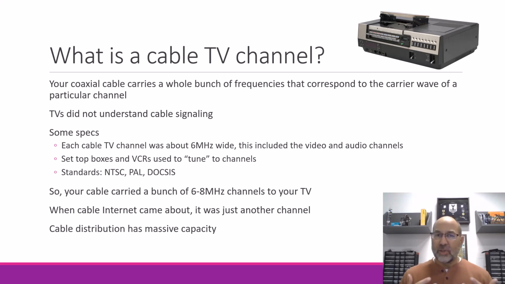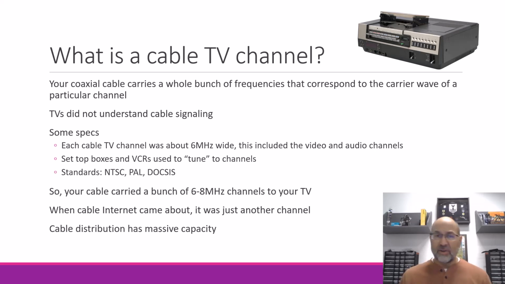A coaxial cable actually carries what we call a composite signal. There are a whole bunch of carrier waves that exist simultaneously on the broadcast media, on the coax cable. And so when you tune into a particular station, you're doing the exact same thing. You're figuring out the carrier wave that you want to watch, and then you're demodulating the data that's on that carrier wave.